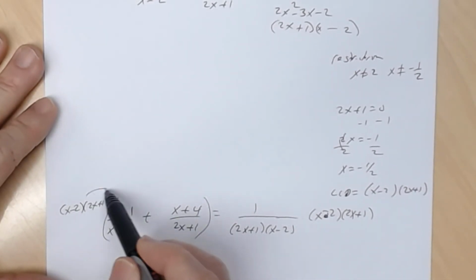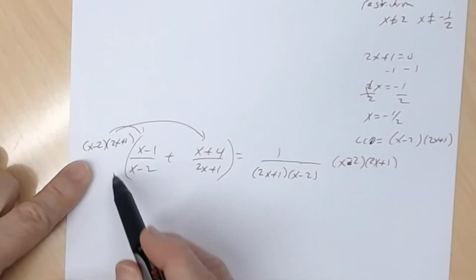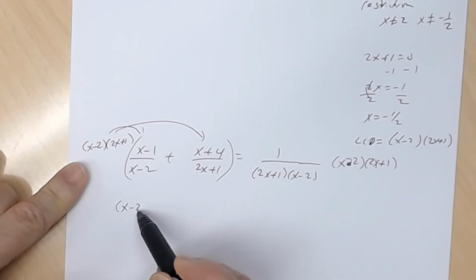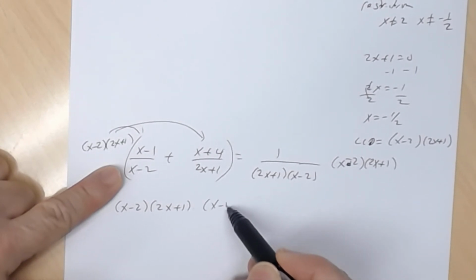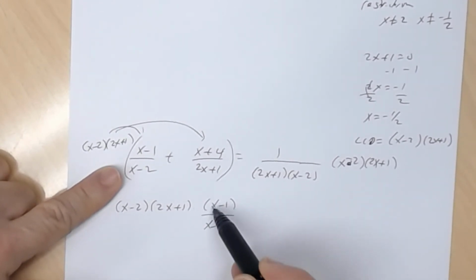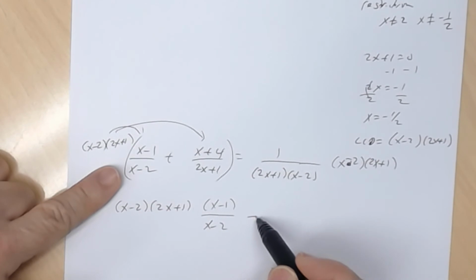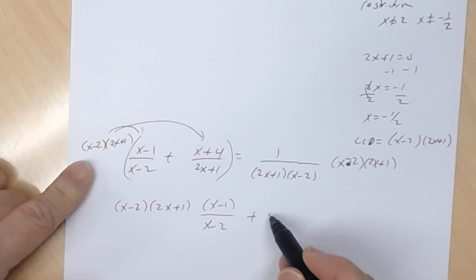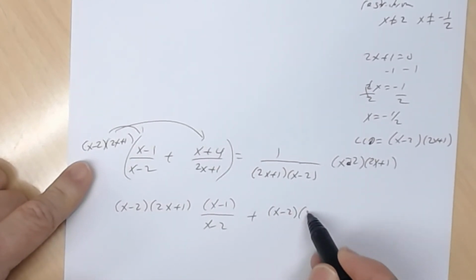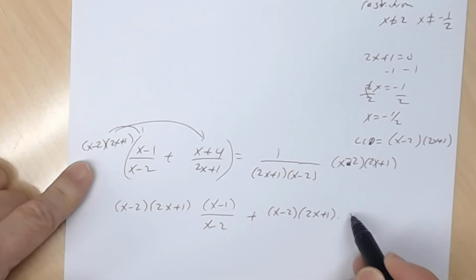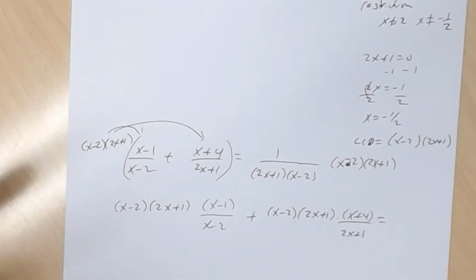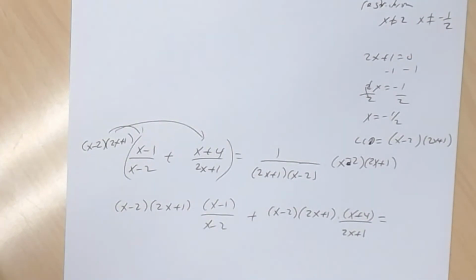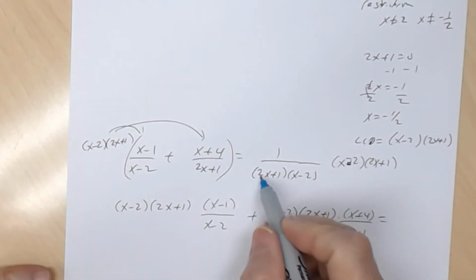Now, once you do that, remember the next step is to distribute. So I get the LCD, x minus 2 times 2x plus 1 times the first fraction. Put that in parentheses, like this, the numerator, plus the LCD times this, x minus 2 times 2x plus 1 times, in parentheses, x plus 4 divided by 2x plus 1 equal, and then since I'm running out of room, I'm going to go ahead and reduce these.